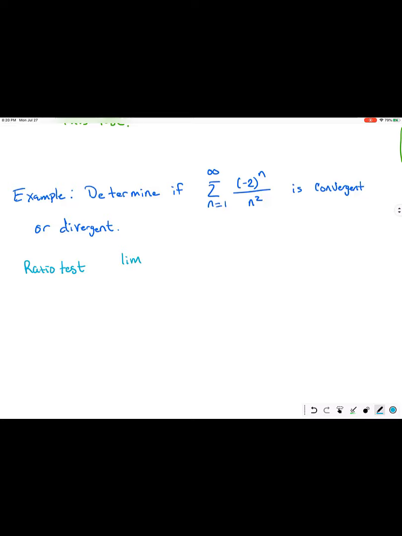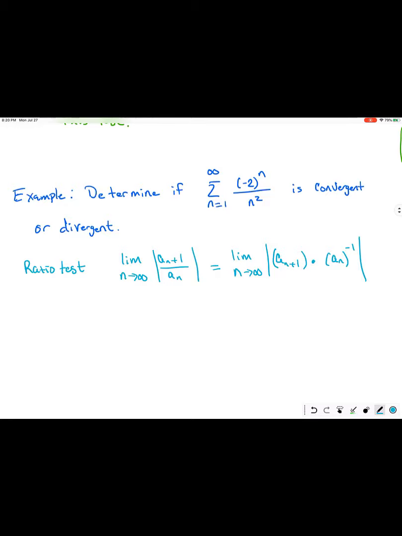So the ratio test says that I'm going to take the limit as n approaches infinity of a sub n plus 1 divided by a sub n, take its absolute value. I want to point something else out here, that's also equivalent to the limit as n approaches infinity of the absolute value of a sub n plus 1 multiplied by a sub n raised to the minus 1.